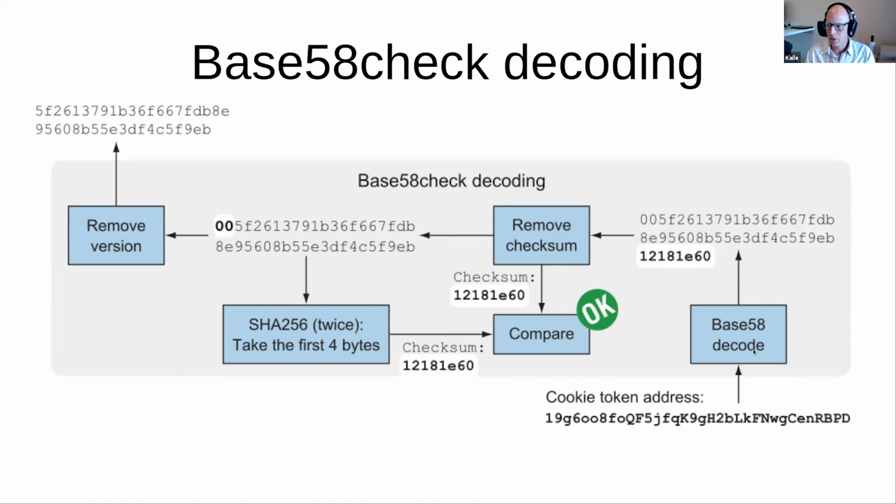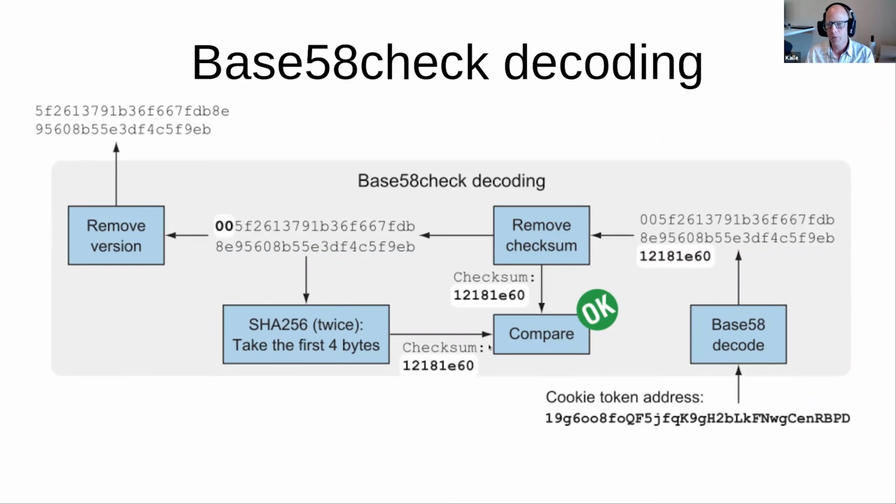So you can decode the base 58 string here to get this versioned and checksummed public key hash. Then you remove the checksum to get the versioned public key hash, which you then hash twice to get the actual checksum.